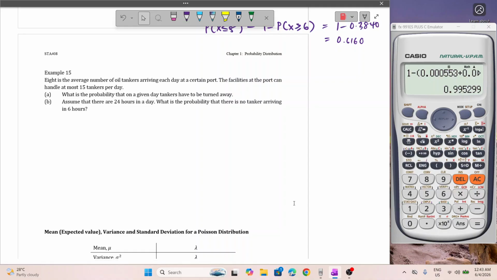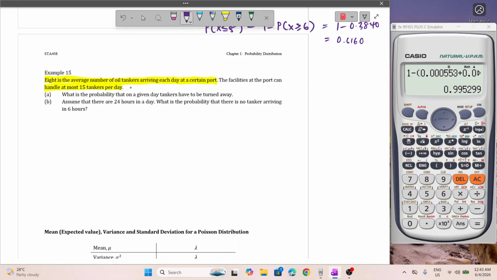Now, let's proceed our discussion with example 15. All right. 8 is the average number of all tankers arriving each day at a certain port. The facilities at the port can handle at most 15 tankers per day.